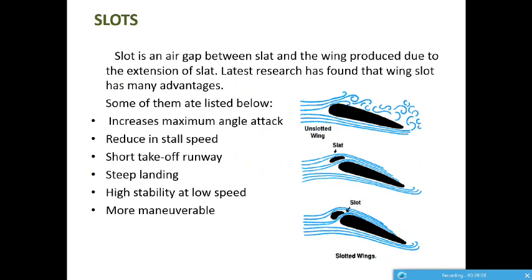Okay, slots. Consider an aircraft that doesn't have slats or slots. If we increase the angle of attack at very low speeds, these are the stall or the turbulence caused on the upper surface of the wing.